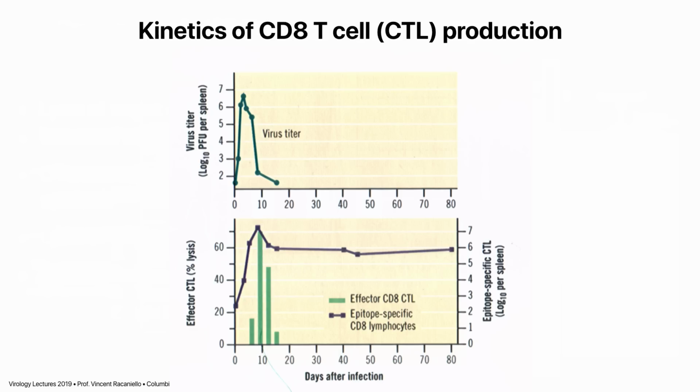And at the bottom is the induction of cytotoxic T lymphocytes. In green is the total population of cytotoxic T lymphocytes. You see they peak at about the time when the virus titer is going down. And the purple are epitope-specific ones. So these are partially memory cells that remain for a long time. They are specific for the epitope, and they persist.